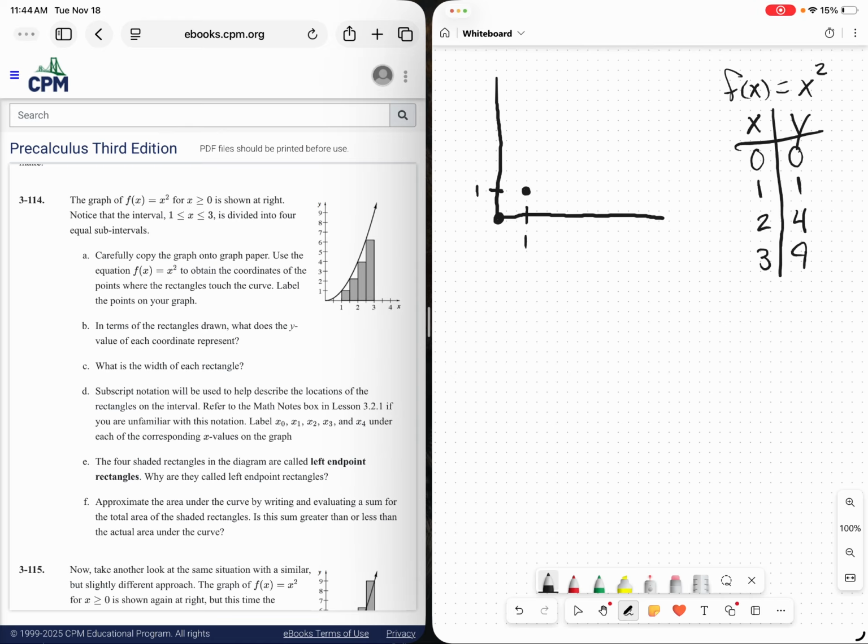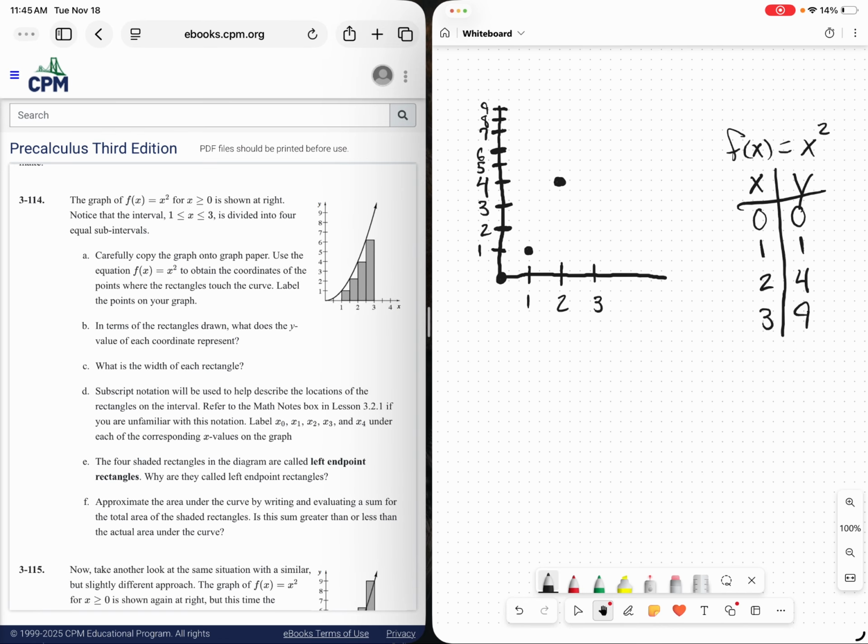So at 2 we would be at 4, and then at 3 we would be at 9. Okay, kind of running out of room there. So we can see here this curve as it goes up.